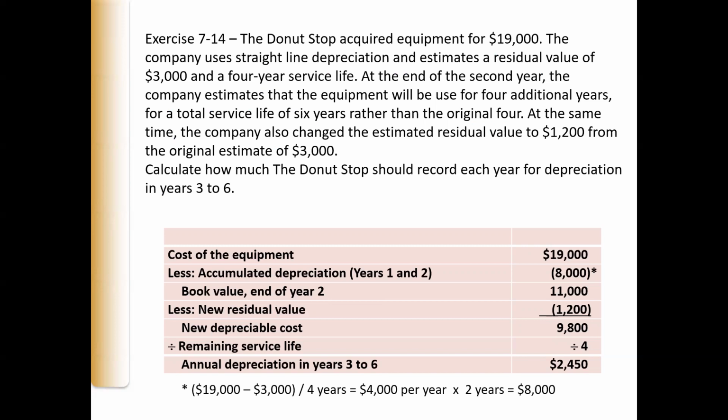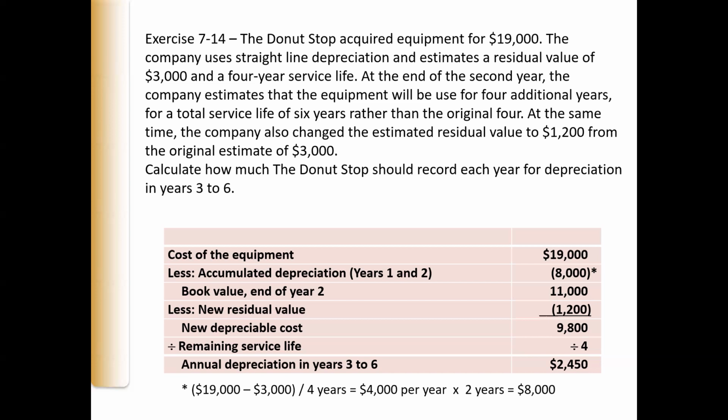At the same time, the company also changed the estimated residual value to $1,200 from the original estimate of $3,000. Calculate how much the donut shop should record each year for depreciation in years 3 through 6.